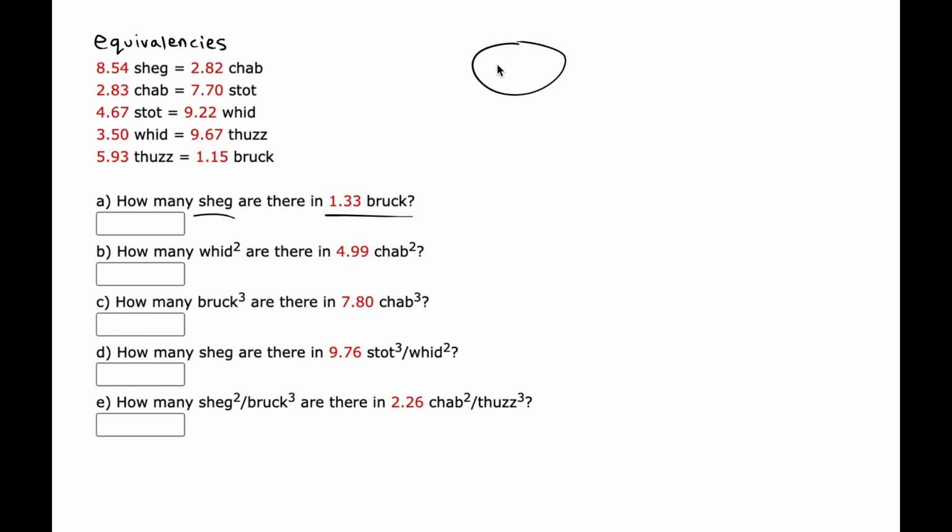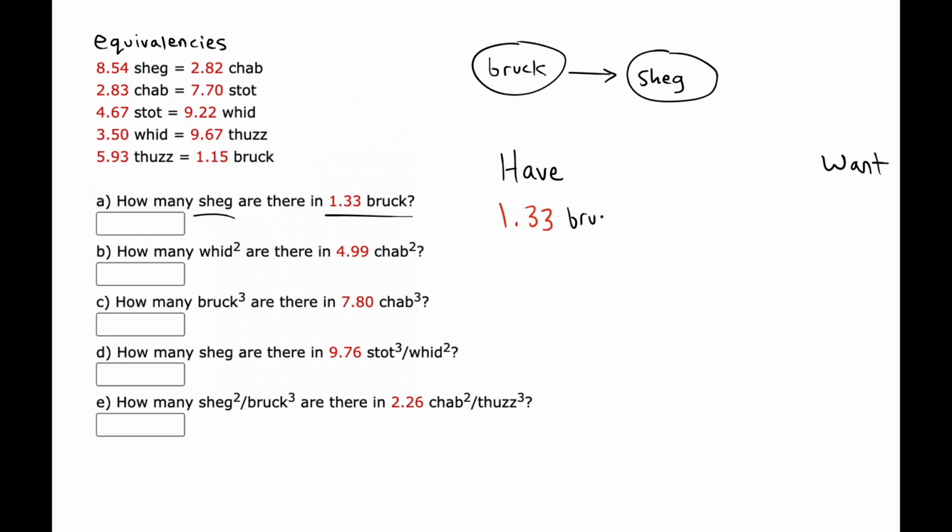If we had a direct conversion between bruck and sheg, then it would be just a one-step conversion, where we would put what we have on the left and what we want on the right. So the thing that we have is the thing they're asking us to convert. That's the 1.33 bruck. And then we would put the desired unit, which is sheg, on the right.